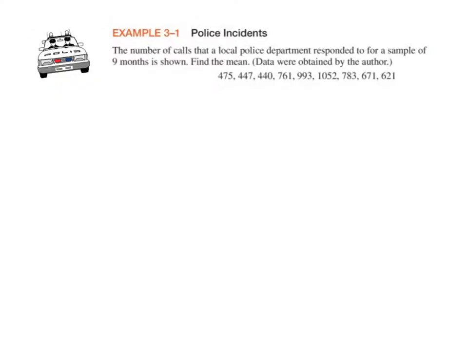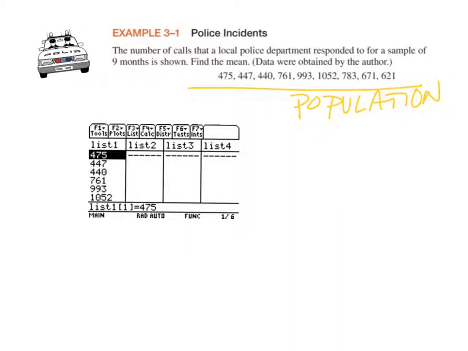Okay, so now we're going to take a look at how we would find the population standard deviation on the calculator. And we're going to use this set right here. We're going to pretend like this is the whole population. So the first thing we're going to do is go to our stats list editor. So take the data and make sure you enter it into list 1, if you're going to follow along with me, just like you did for the mean.